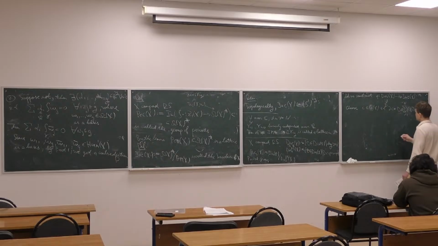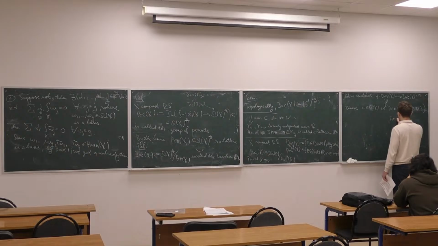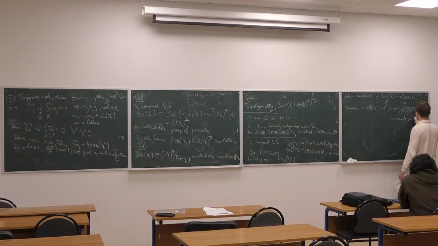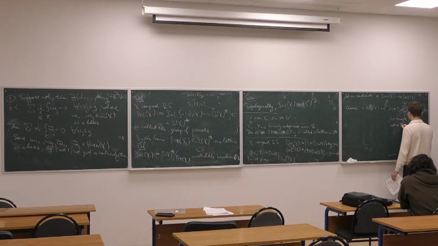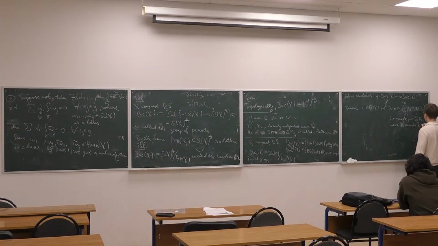For example, you can take C equals the sum of the C_i's, where the boundary of C_i is Q_i minus P_i, so C_i connects Q_i and P_i. So C is actually in C_1.